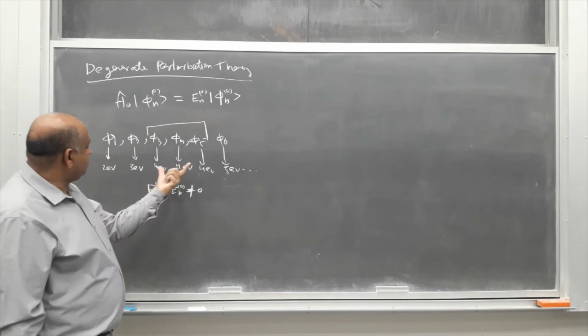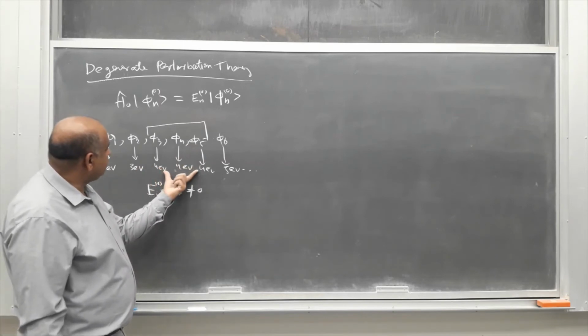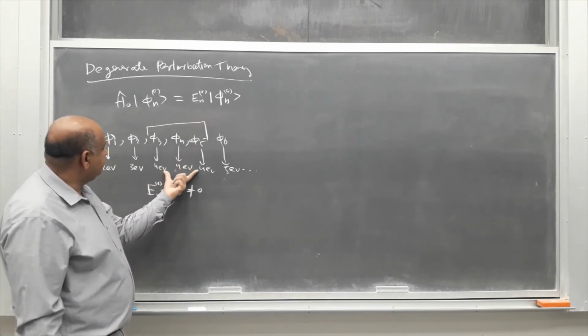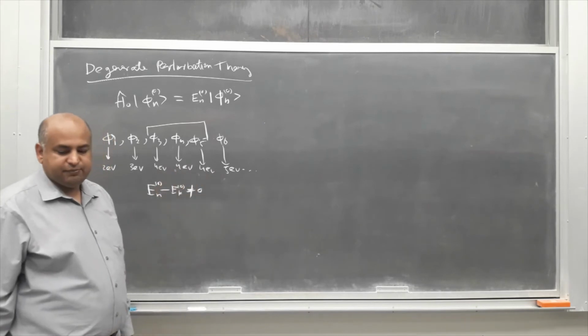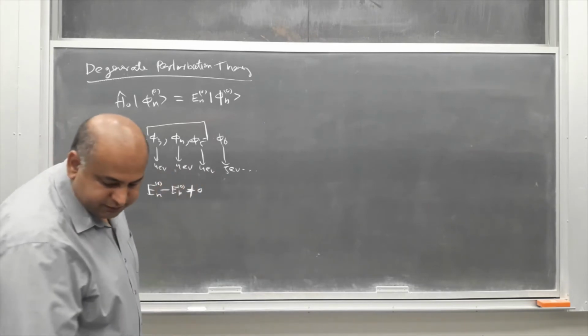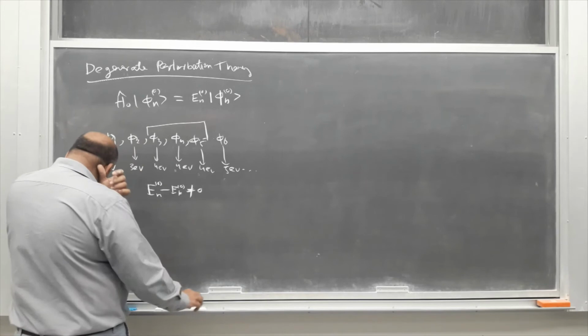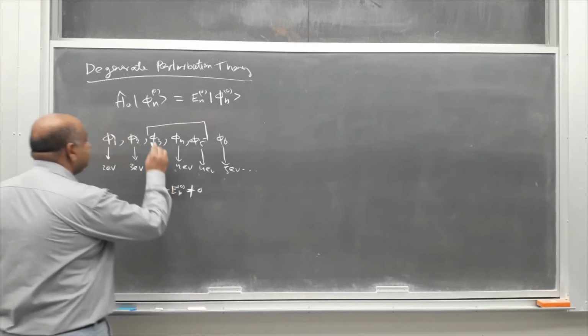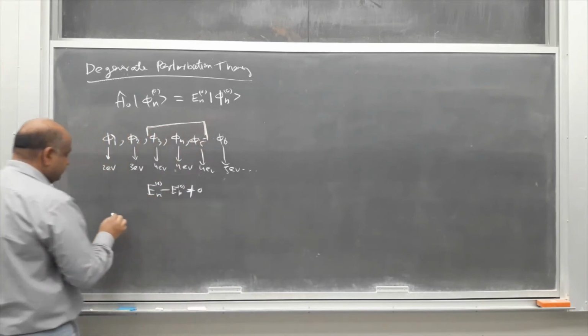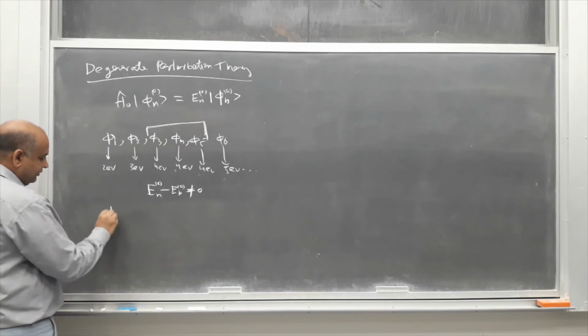So now I'm going to concentrate on this part of the eigenfunction spectrum where the eigenvalues are the same. And suppose that we relabel these functions like this.